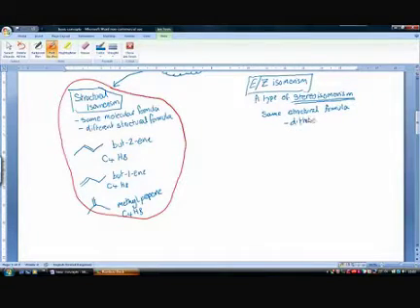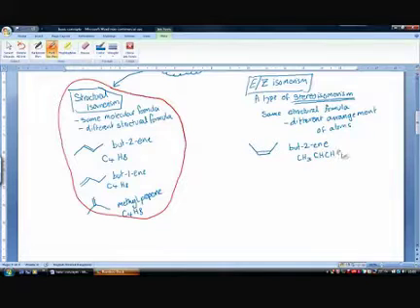Now we'll work with but-2-ene again to show this. There's a but-2-ene structure. And if we do the structural formula, we'll see it's CH3, CH, CH, CH3. And then we've got another version of but-2-ene that looks like that.